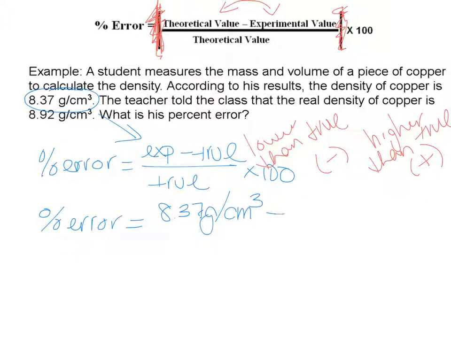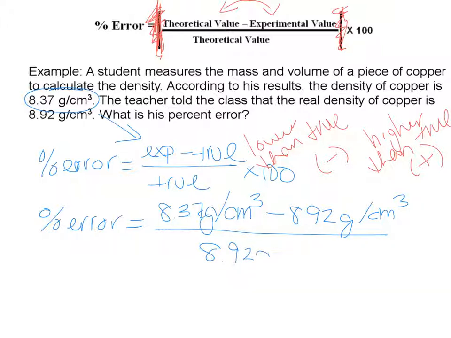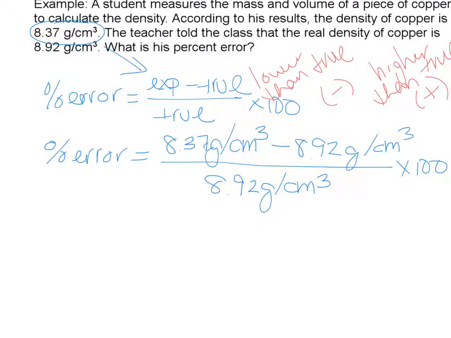Minus the true value. The true value the teacher gave was 8.92 grams per centimeter cubed over the true value of 8.92 grams per centimeter cubed. Then we times the whole thing by 100. And one thing that students fail to show all the time is that times 100 part. So really make sure that you get that.